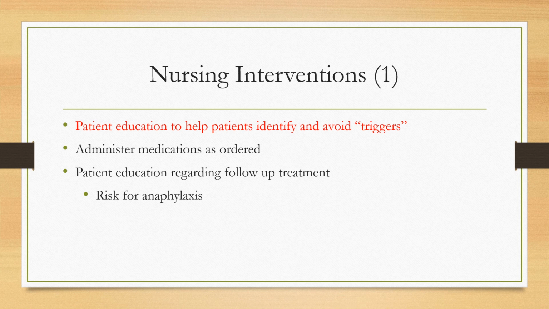We will administer medications, and we will teach them about administering their medications as the doctor has ordered. And then patient education regarding follow-up. They need to come back. They need to be monitored. And then they need to be educated on the risk that they will have for anaphylaxis when they are allergic to an antigen.